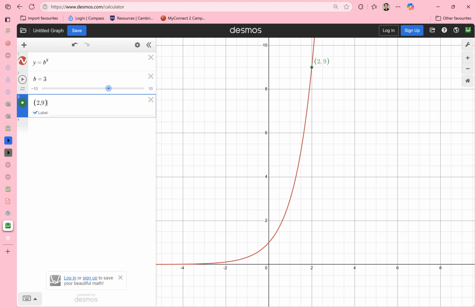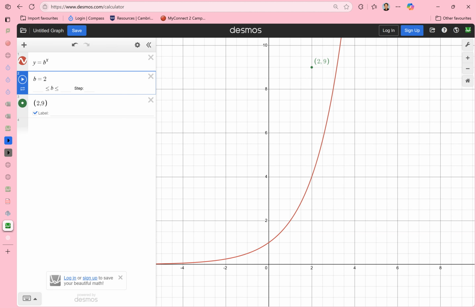Yeah? Now, let's add in the things that we've just explored. We said, if we add in a number, it should go up or down. So here we go. I'm going to change it back to 2, because 2 is just a nicer number. Watch when I add in now, y equals b to the power of x, same thing, but I do plus d.